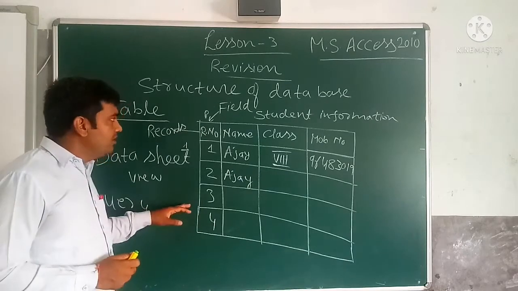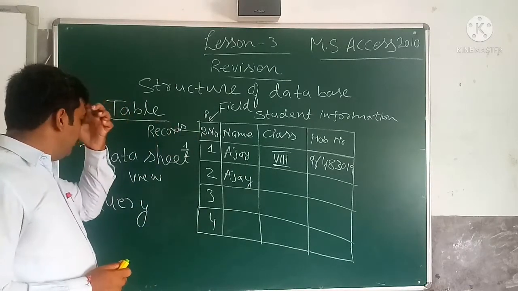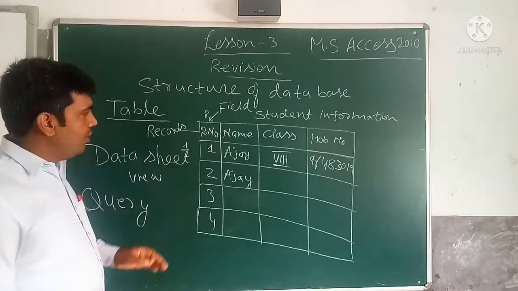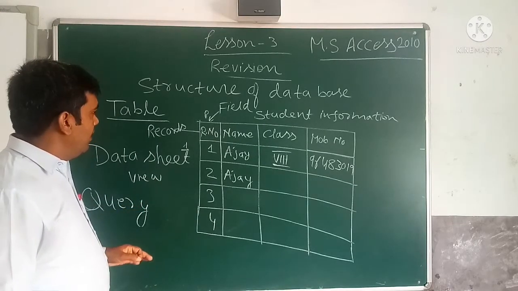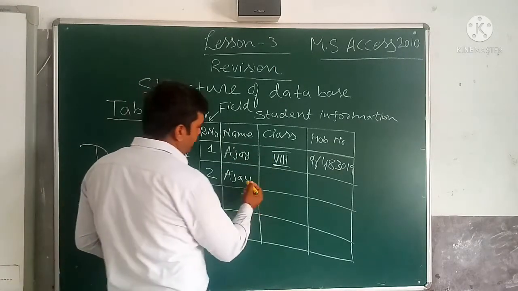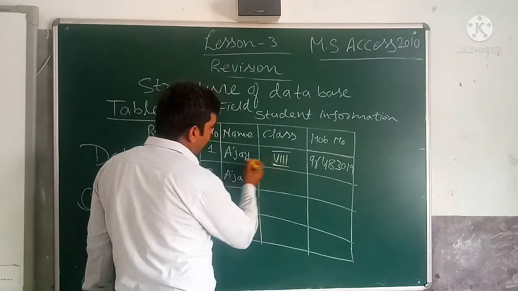Suppose we want to generate a query on this table. It means I want to see all those records having class 8. Suppose one student's information here, Ajay, is of class 8.